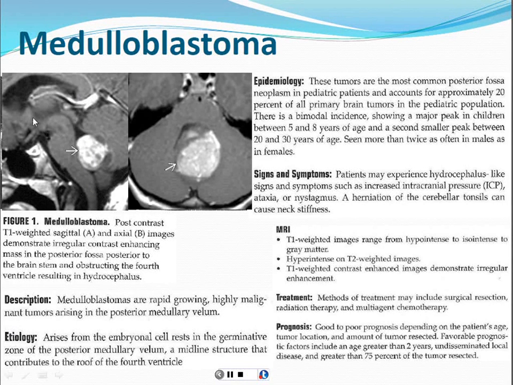So the ventricles will become enlarged, and patients can have different kinds of symptoms. When patients have hydrocephalus where their ventricles are obstructed, they'll be very wobbly, unsteady on their feet and that kind of thing. They'll obviously have headaches.